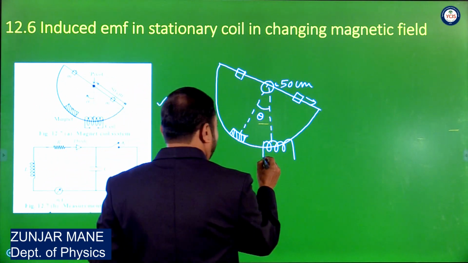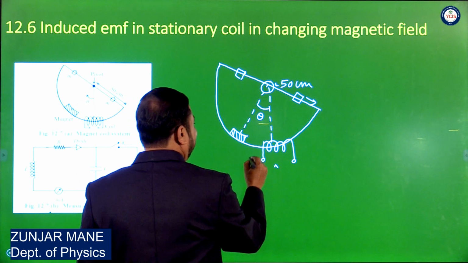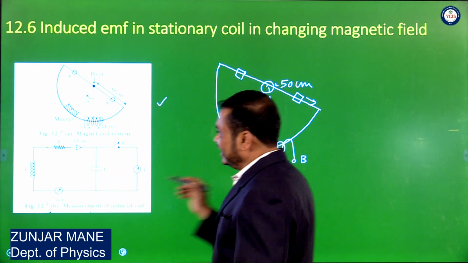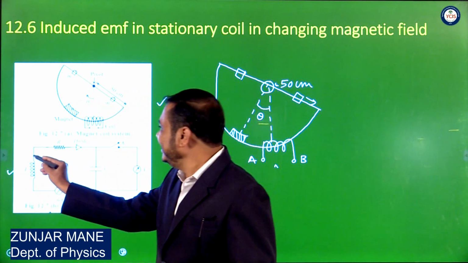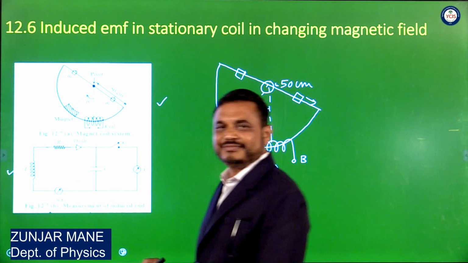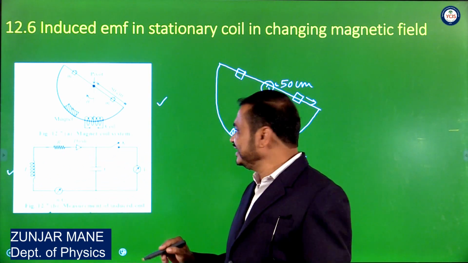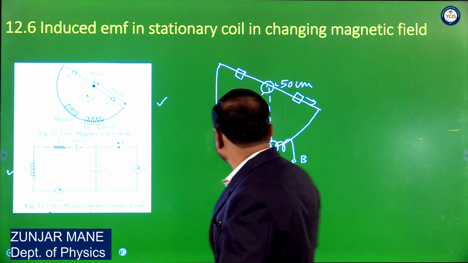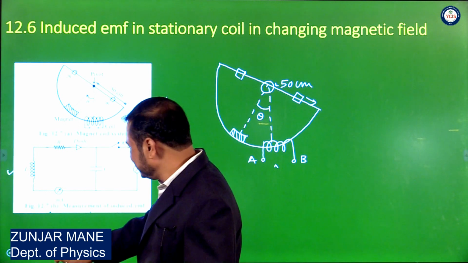These two ends of that coil, suppose that two ends are A and B. This coil is shown here. The end A is here, end B is here. Then resistance, diode, plug key, capacitor, voltmeter and millimeter are connected to this coil.